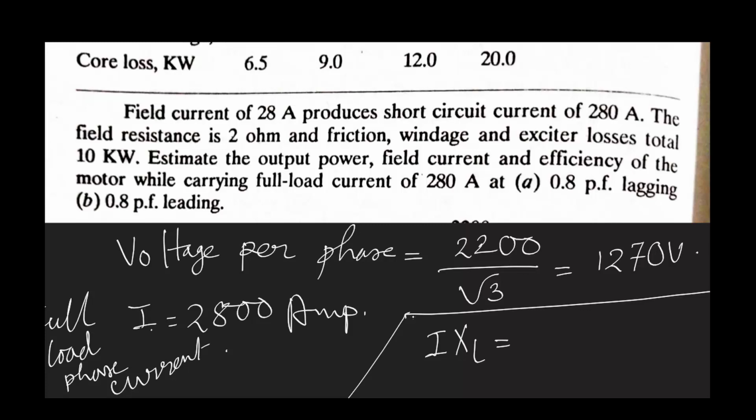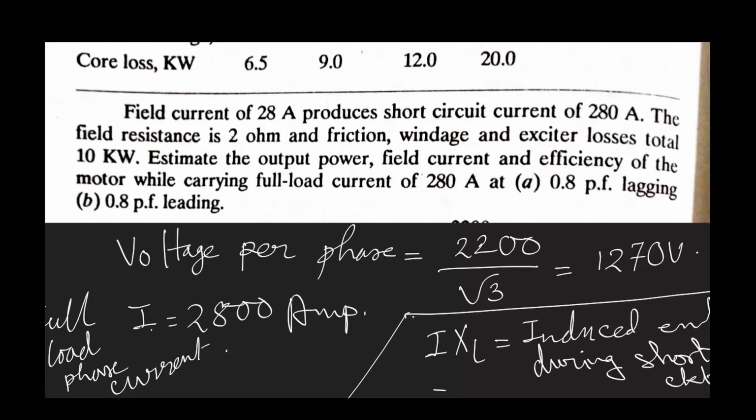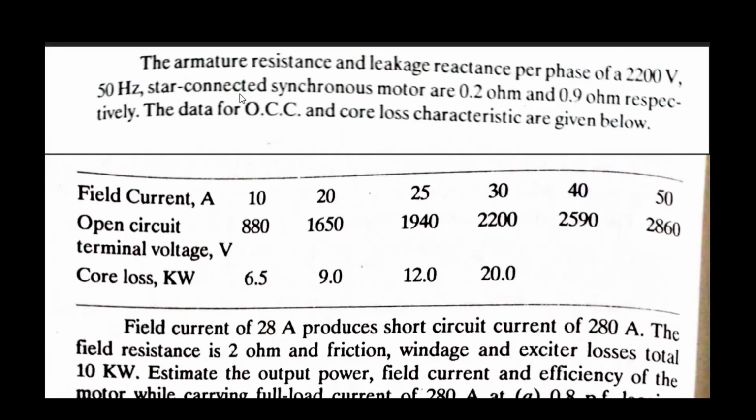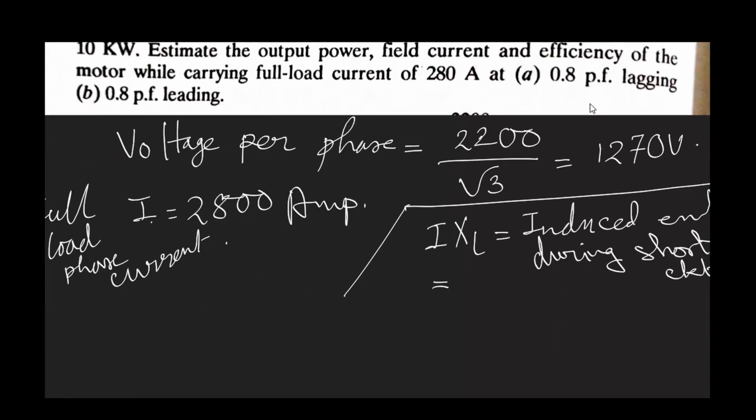During short circuit, IXL is equal to the induced EMF. So what is that value? Yes, 0.9 into 280. We will disregard the value of armature resistance here.